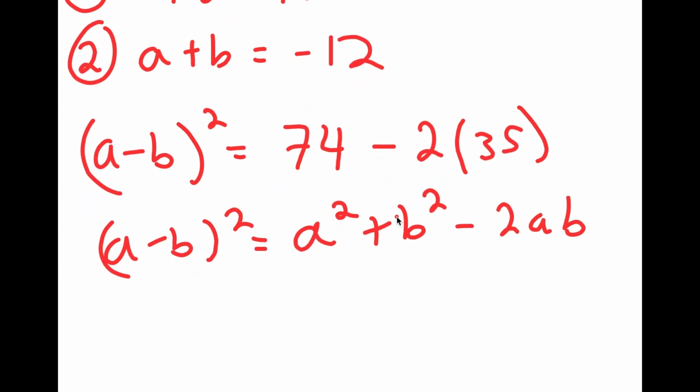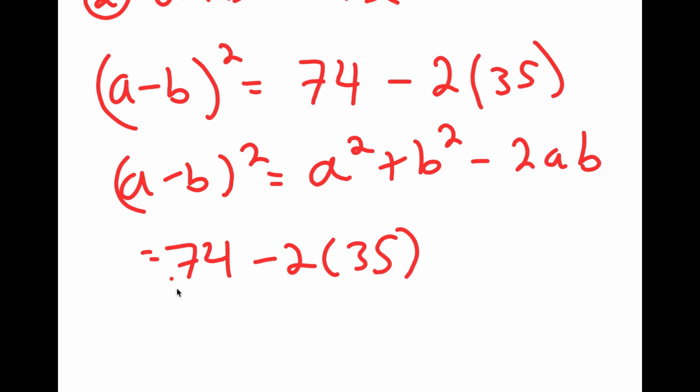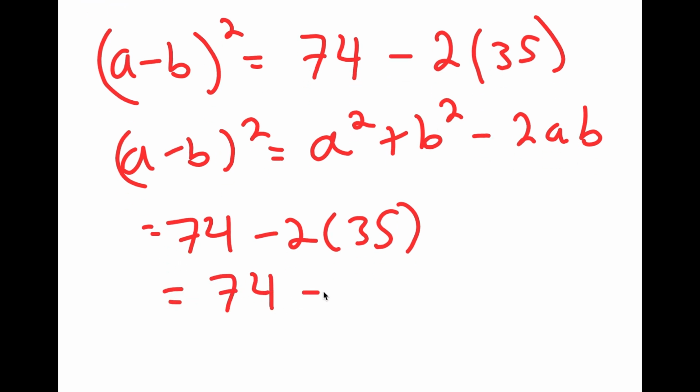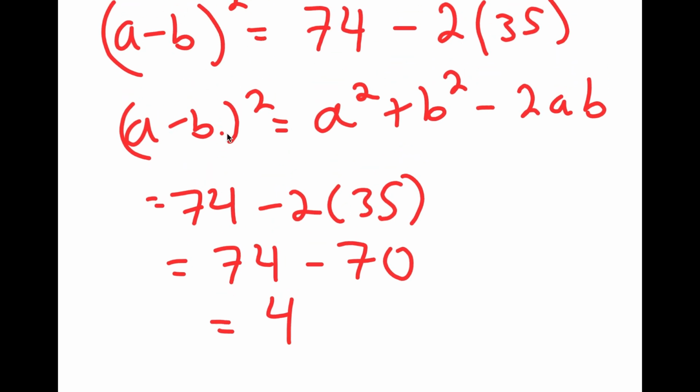So this is going to equal 74 minus 2 times 35, which is equal to 74 minus 70, which is equal to 4. So (a minus b) squared is equal to 4.